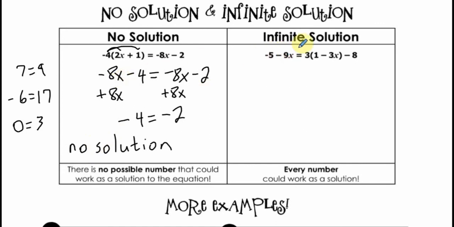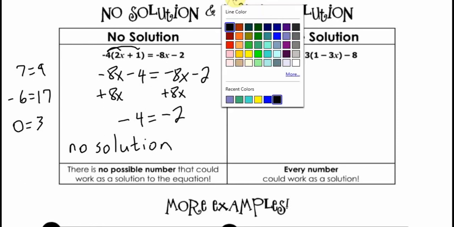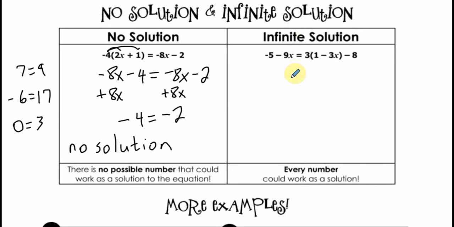Now let's see what an infinite number of solutions looks like. Okay, so infinite number of solutions means this. This means that you can pick any number you want for x. Anything works. Everything works. Pick a number. Put it in the place of x. Take the same number.